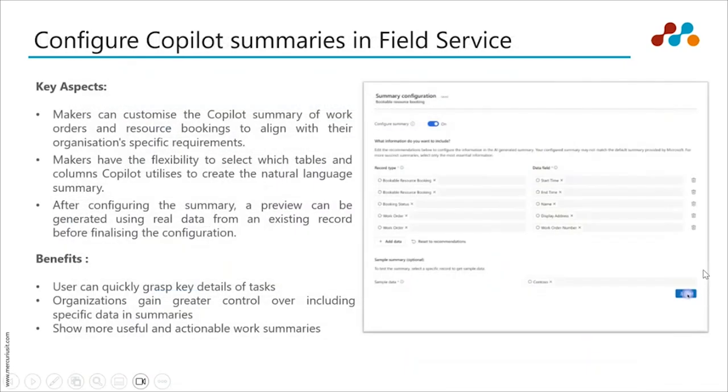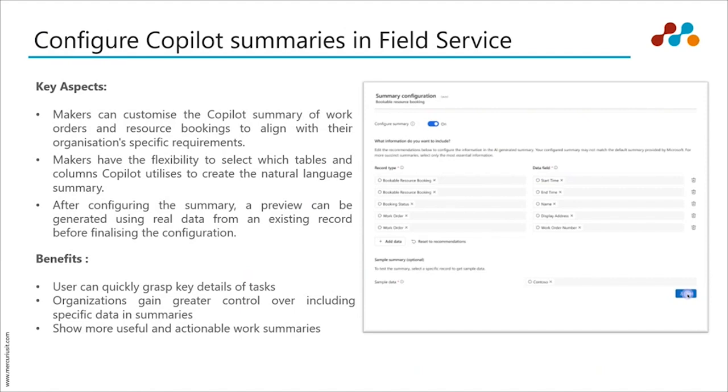Now we will move to the next update for field service, that is configuring Copilot summaries. This is pretty much similar to the account summary which we saw in our previous slides. In a similar fashion to the account summary, here the work order summaries get created in field service against the work order, and there is a separate section on the form where that summary gets created. But with this feature, we can control the content of that summary which needs to be generated.